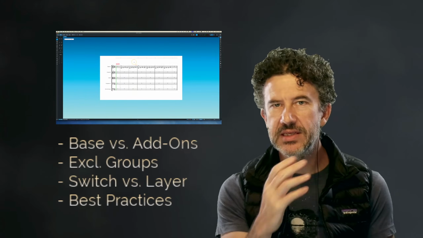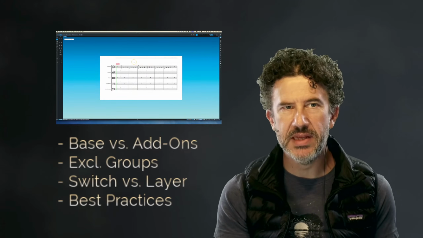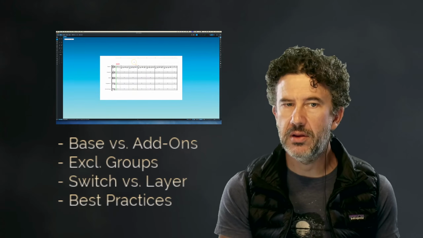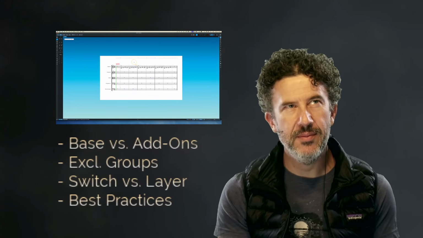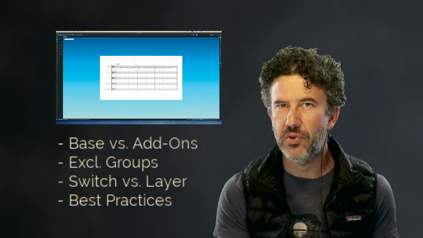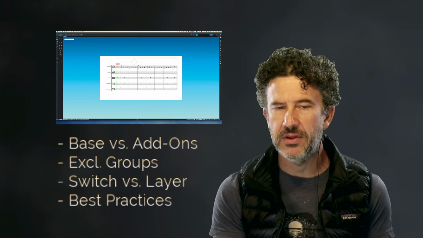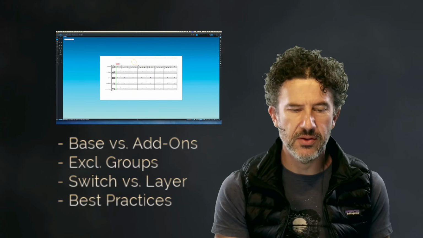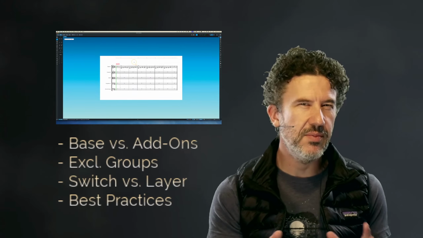Although I have read in different places throughout the manual that base switches are completely mutually exclusive, so I'd have to test that out myself. I think it's definitely an interesting point. I'm not sure about it, having not done it myself, but I will definitely take Michael's guidance on that, because I know that he has a lot of experience with this. So it's just something to keep in mind.